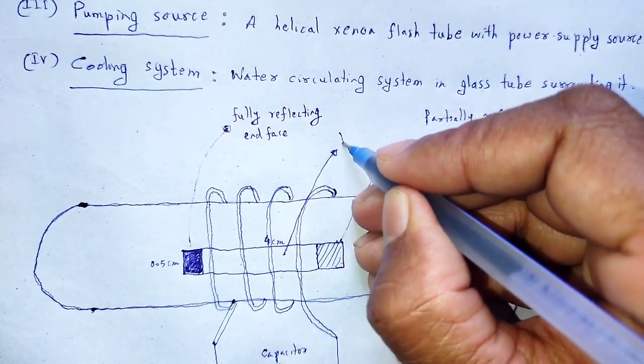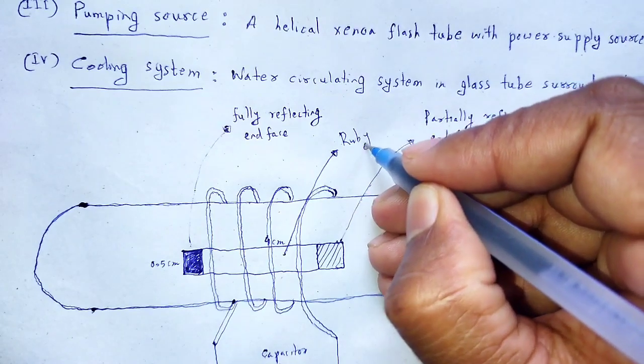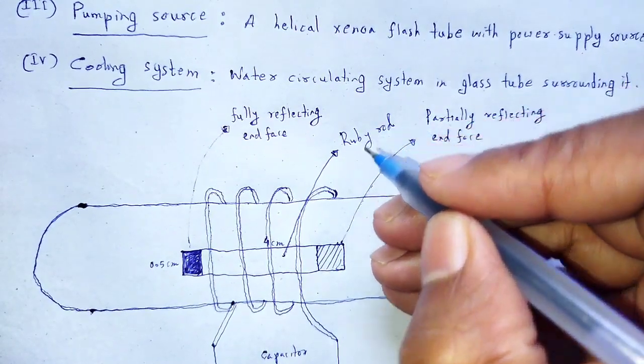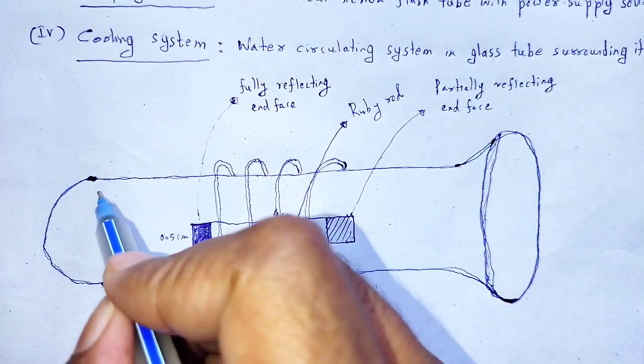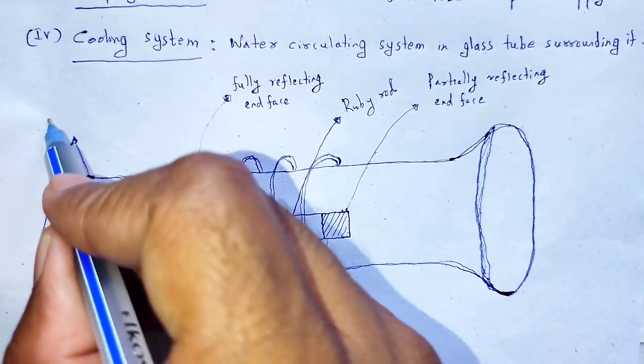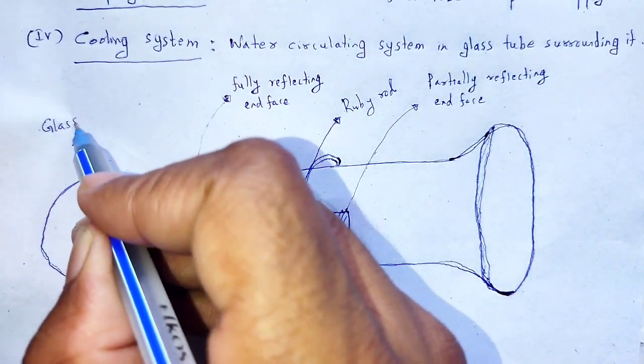That is the ruby rod. This one is the glass tube.